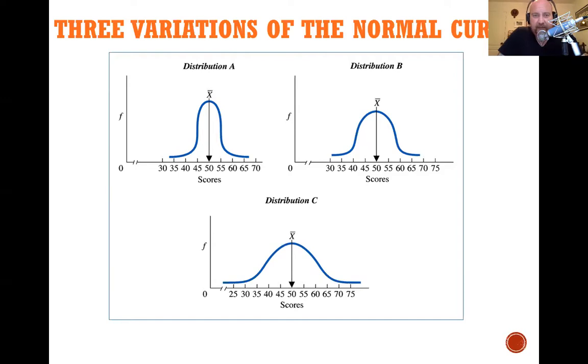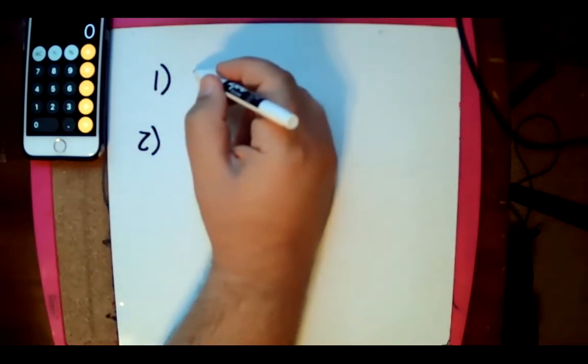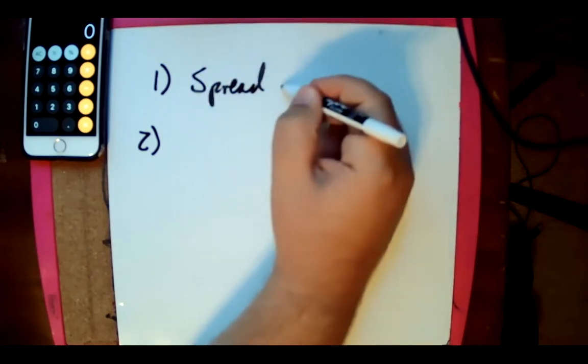So if you want to know the purpose of measuring variability, there's a couple of purposes. I'll write that down here. The purposes for measuring variability are really twofold. One, just in general, to see the spread of scores.